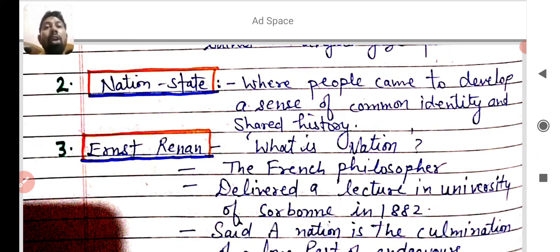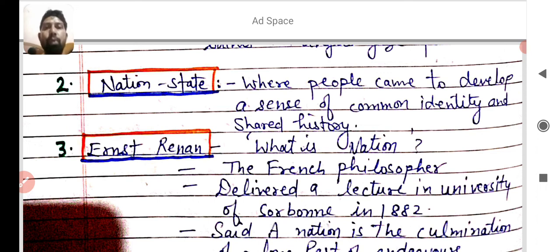He delivered a speech, a lecture, at the University of Sorbonne in 1882 on the topic of what is a nation.